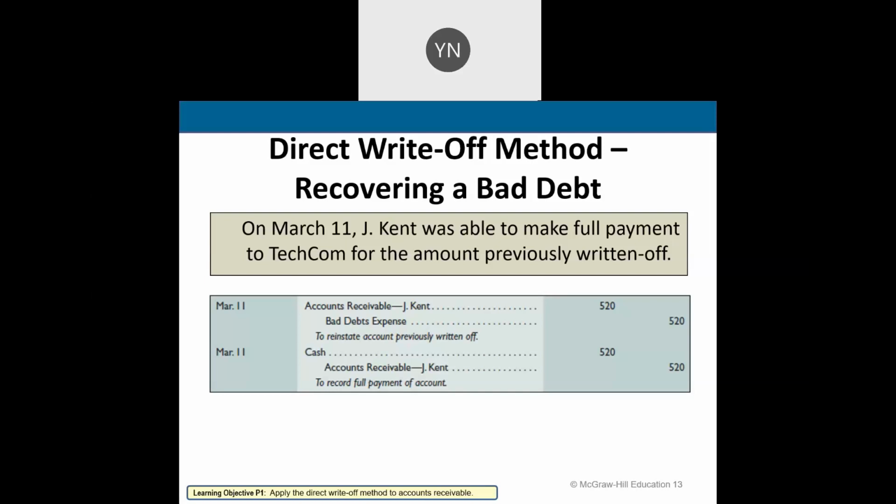J. Kent 1 has a credit score of 760, whereas J. Kent 2 has a credit score of 400. I may give a little more leeway to the J. Kent with the higher credit score than the one with the 400. So I may write him off later because his credit's better, correct? Or is that against the law because I'm putting in bias?